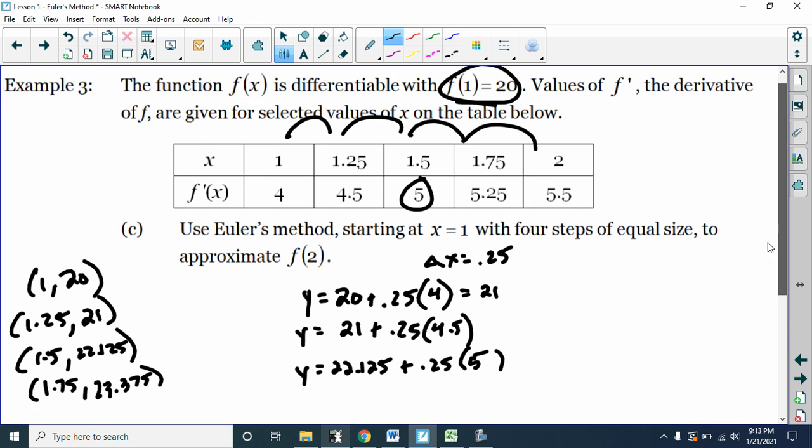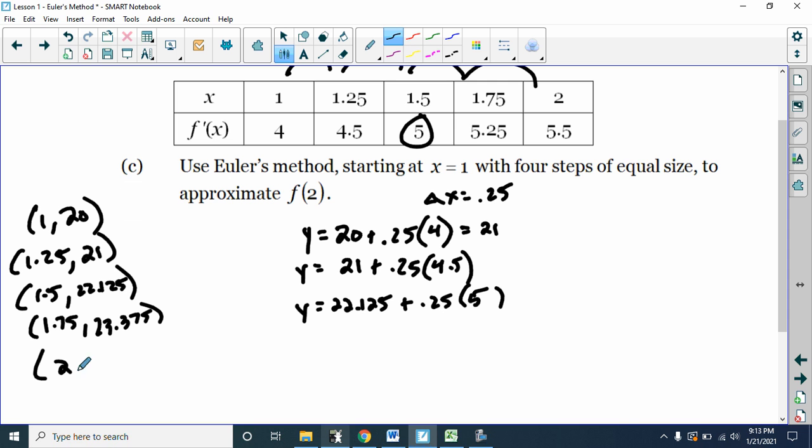And we do it one more time. x value is 2. My new y is the previous y plus the step times the slope at the previous point.